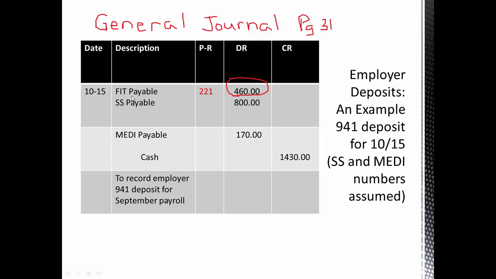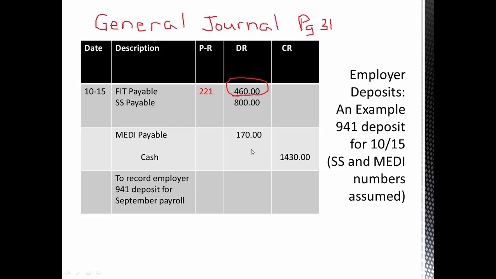So now here, for the FIT, the Social Security, and the Medicare, we would have done the same thing in those accounts, gone and looked to see what I owe at the end of September. And so here we've debited all three of those liabilities, and we credit cash for the total amount.